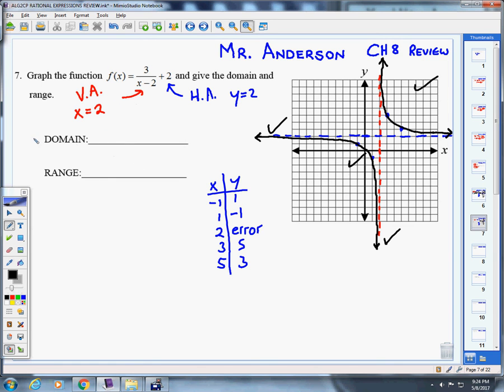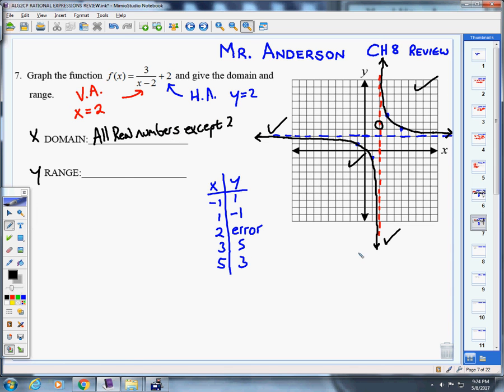Again, with domain and range, or where does this function exist? We see from negative infinity to positive infinity with the x values, there's a little hole right here at x equals 2. So this is all real numbers except 2.